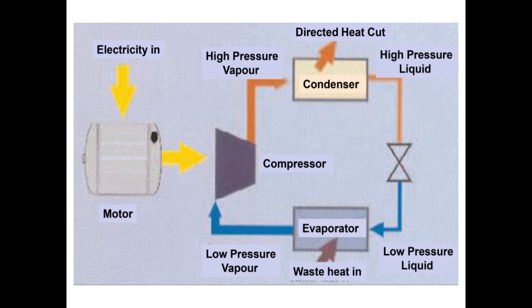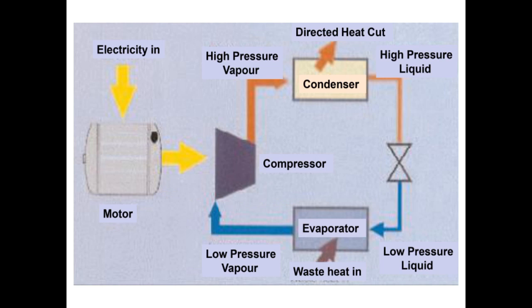The blue color, the low pressure liquid, is sent to the evaporator and waste heat is supplied. So the liquid is converted into vapor, but not fully vapor. Some amount of droplets is also there. The blue color line indicates that, and it is again sent to the compressor. Because of the compressor pressure, it is converted from low pressure vapor to high pressure vapor.